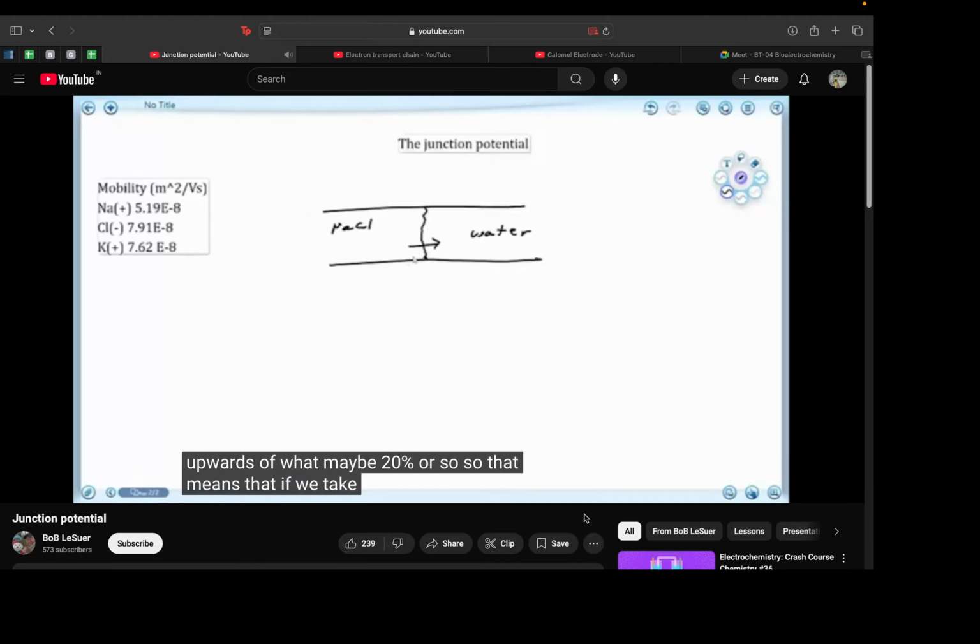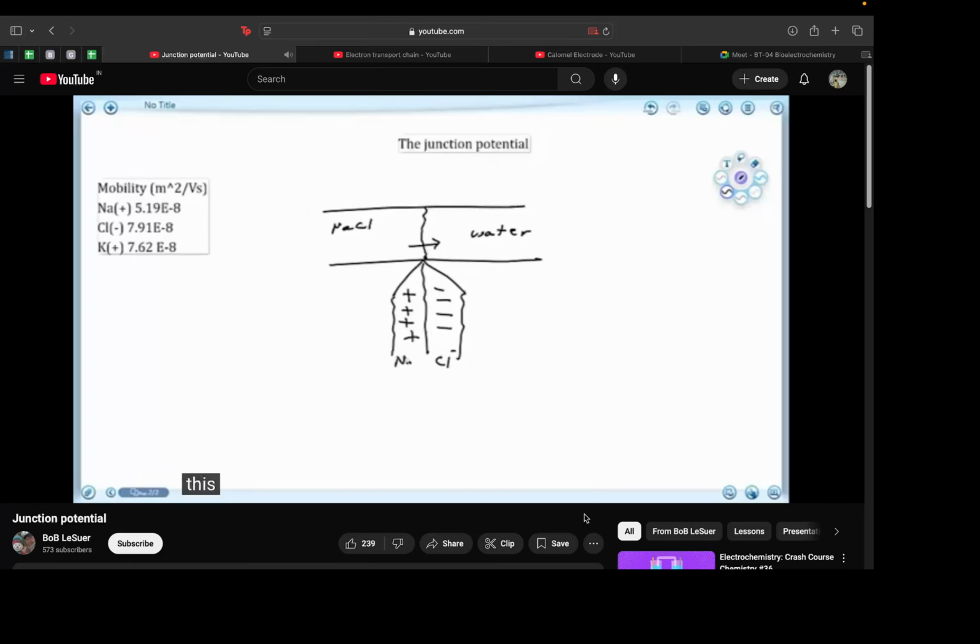So if we take a close-up view of this region, the chloride ions are going to move faster than the sodium, and we're going to set up a region of positive charge, because that's where the slower sodium ions are, and a region of negative charge where the chloride ions are. This separation of charge creates a small electric field, and this is called the junction potential.